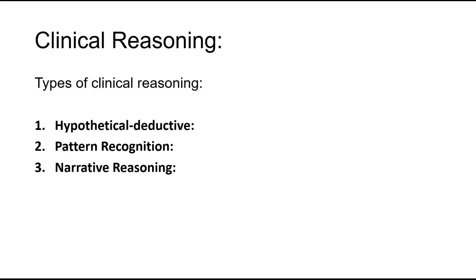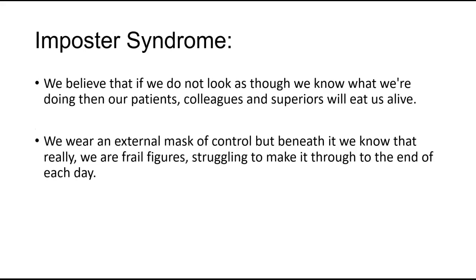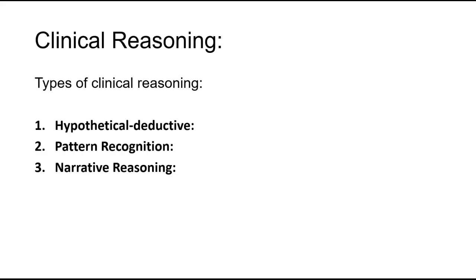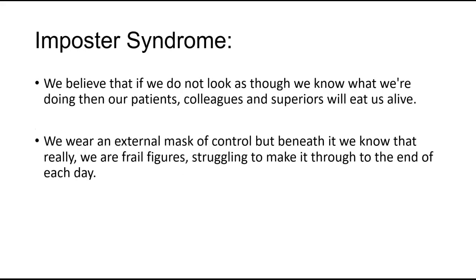So if you've been told that a particular condition has a particular rash, say lupus with the wolf mask on the face, that's a pattern recognition you start to build when you see your patient with it. And then, of course, there's narrative reasoning, which is exactly that. It's about having a narrative to reason to it. So listening to a story or someone else's experience and narrating it through as far as coming up with reasoning.